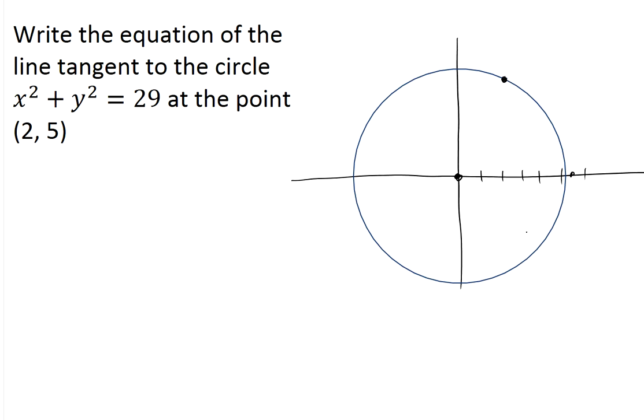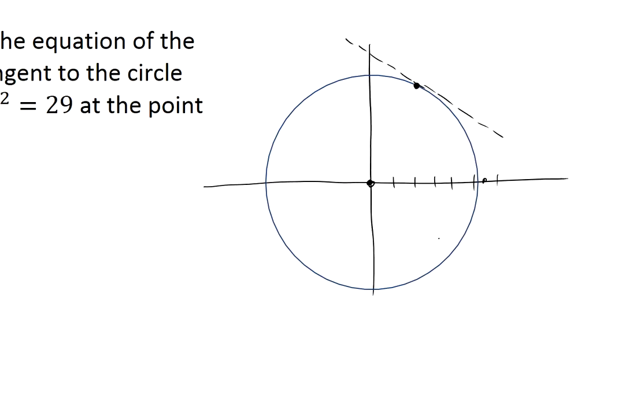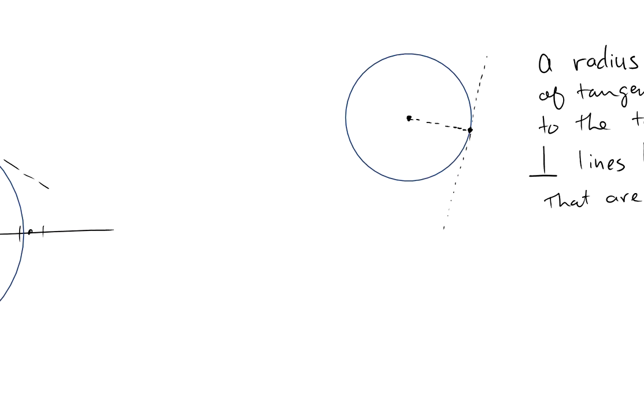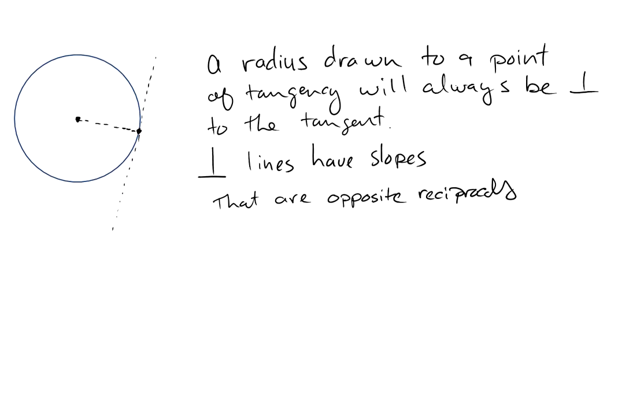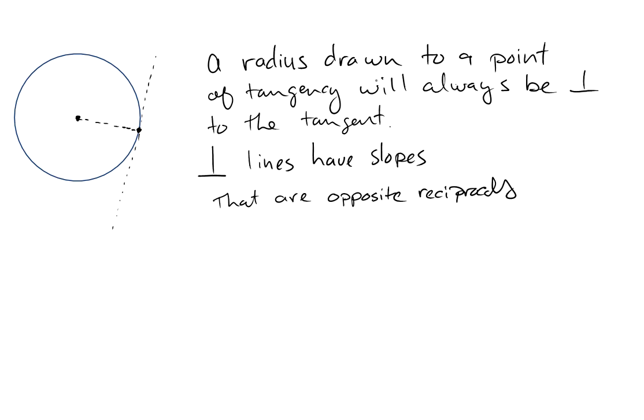That point is going to be on this circle, and a line that's tangent to this circle would go through just this one point right here. There's a couple of ideas we need to discuss. If we draw a radius to a point of tangency, it's always going to be perpendicular to the tangent line.